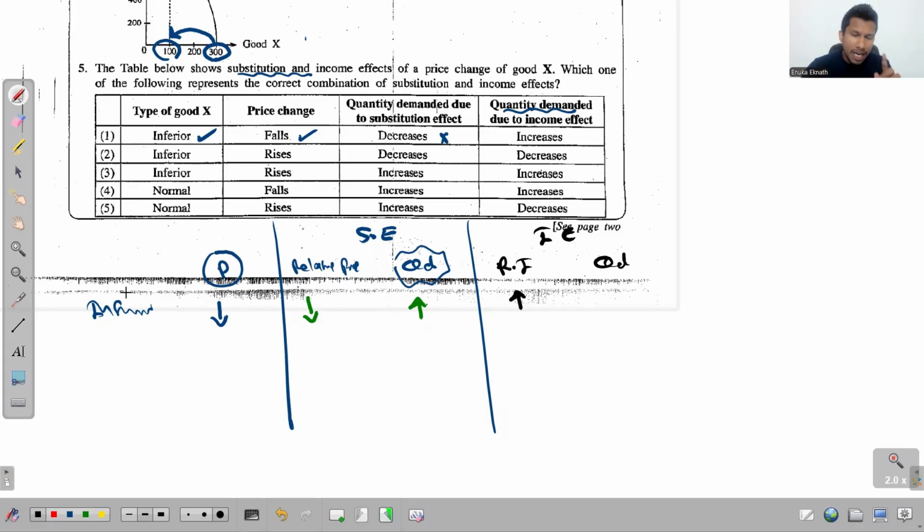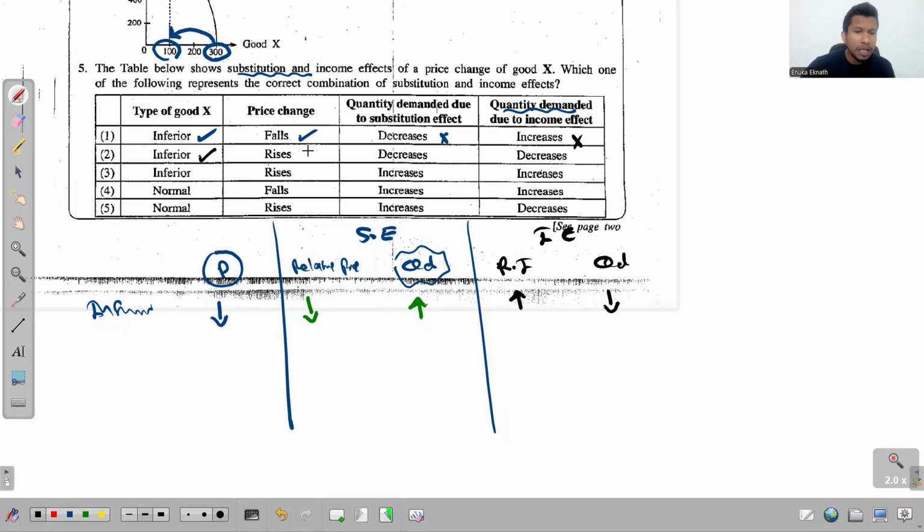But remember, we are referring to an inferior good. So if the real income increases, what happens to the quantity demanded? It decreases, right? Quantity demanded decreases. But what does the answer say? It says that the quantity demanded due to income effect increases. No, again, wrong.